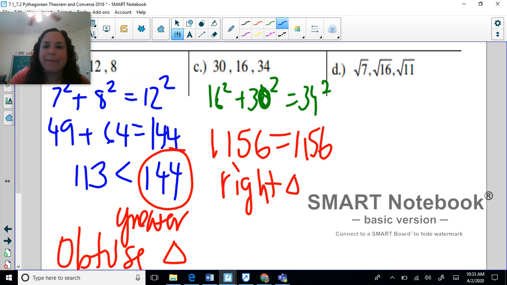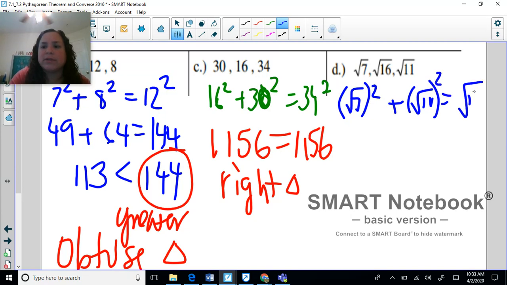All right, so then that means that we're going to plug in square root of 7 as our A, square root of 11 as our B, and square root of 16 as our C. Okay, now notice, don't forget to put the square outside of the parentheses. Now, in the simplifying radicals videos, I mention that if you multiply the radical times itself, it simplifies to just the number inside of the radical.